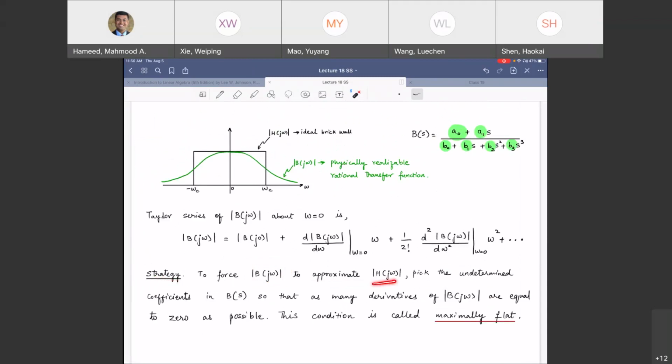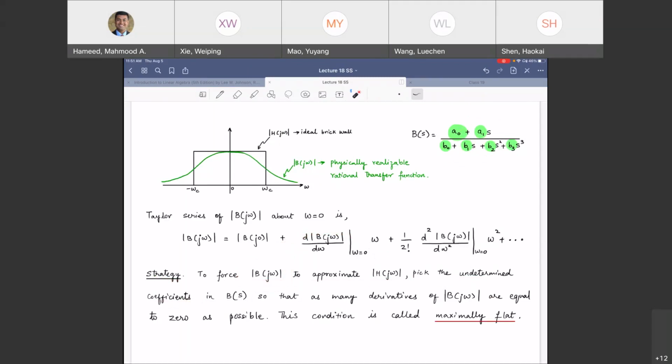What is H of omega? That's your ideal filter. You want to make this guy as close to this as possible. So we are going to pick the undetermined coefficients that are highlighted in green such that this guy matches this guy as much as possible, right?